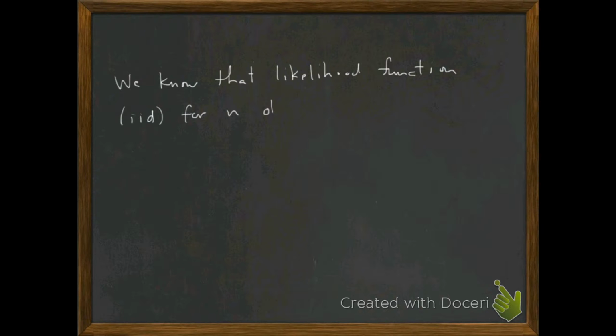So we know that the likelihood function, and again we have the IID property, independent and identically distributed, for n observations is the product of the individual densities.